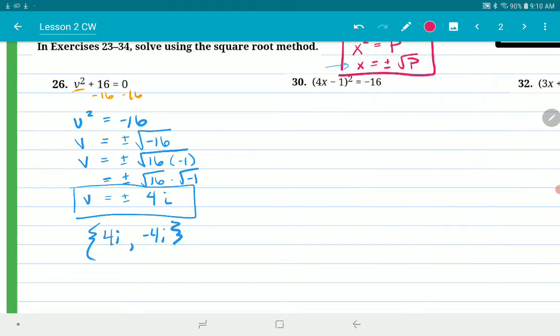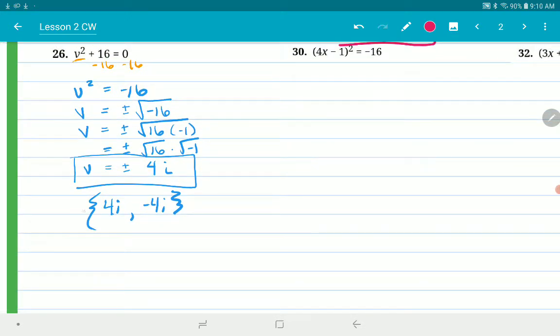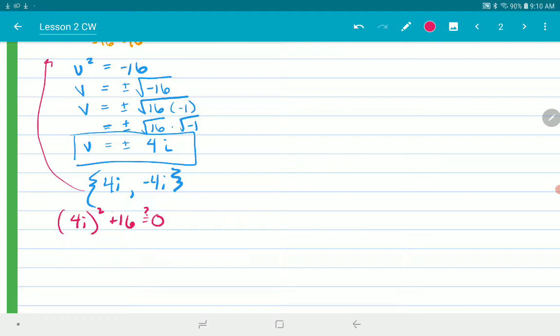I'll go ahead and do that, actually. So if I want to check a positive 4i, plugging that in, I get 4i squared plus 16. And I want to check, does it equal 0? So let's see, 4i squared, that's 16 i squared plus 16.